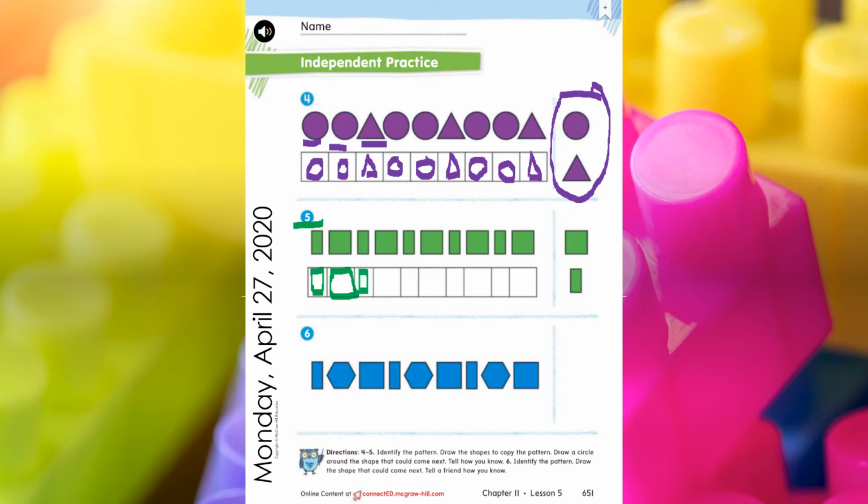Rectangle, square. All right, so I got rectangle, square, rectangle, square. You draw in what comes next. You fill those in. And then tell me which one of these is next. Go ahead and do that now.